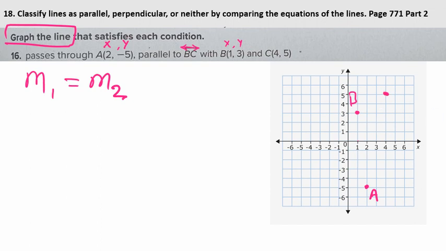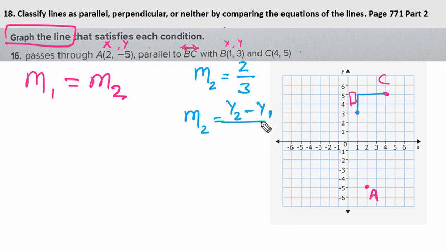Now, if you want to find the slope from here, how did you reach from B to C? 2 steps up, 3 units right. So the slope for line BC, let's say m2, is 2 steps up, 3 units right. Or else you can use the formula y2 minus y1 over x2 minus x1.